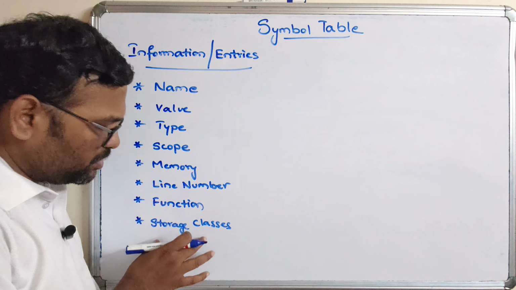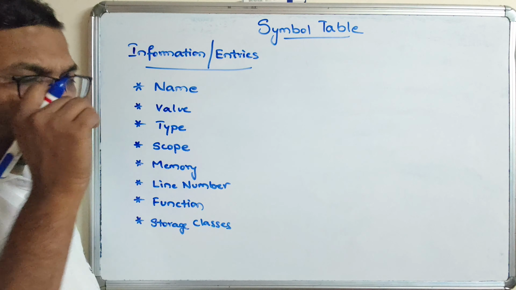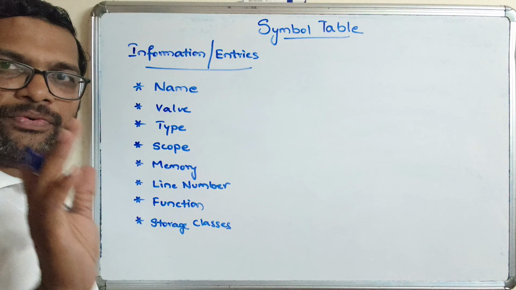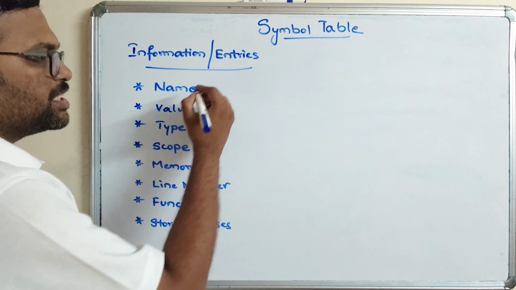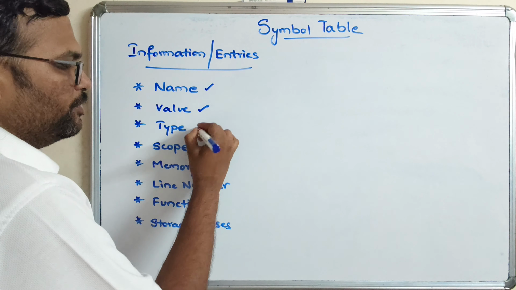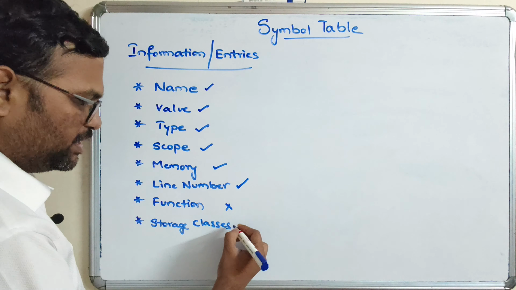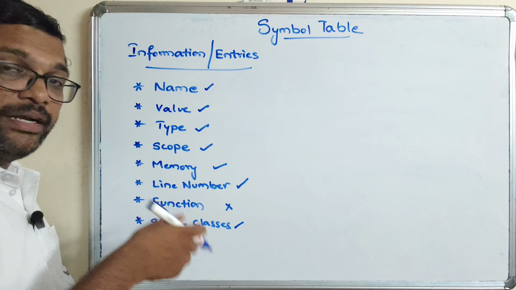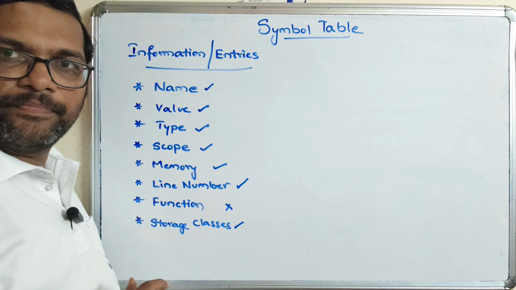So it also gives what storage class it is. It doesn't mean that for every identifier all the entries will be there. Consider a variable or a constant. A constant can have a name, value, type, scope, memory, line number. There is no function information or storage class. So depending upon the identifier, the information will be stored.